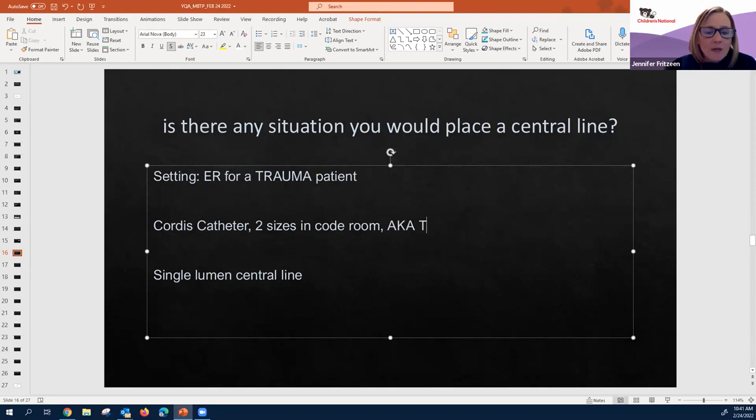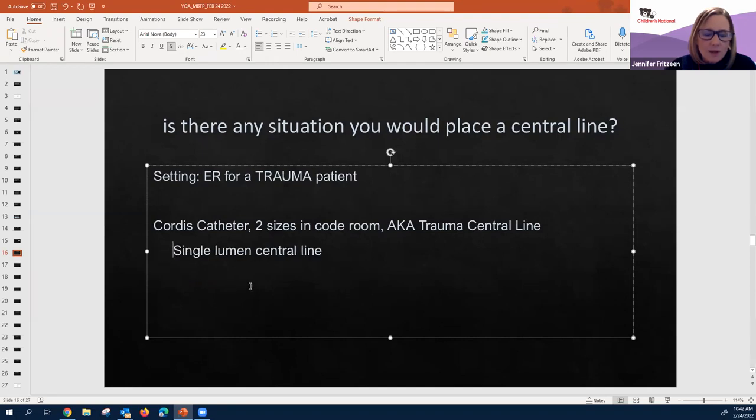But we found, and this has been years since we've done this, we used to put central lines in the code room, and two things happen that we don't want to see. One, it seriously increased time spent in the code room. So it delayed us getting to CT, to the OR, and to the ICU.